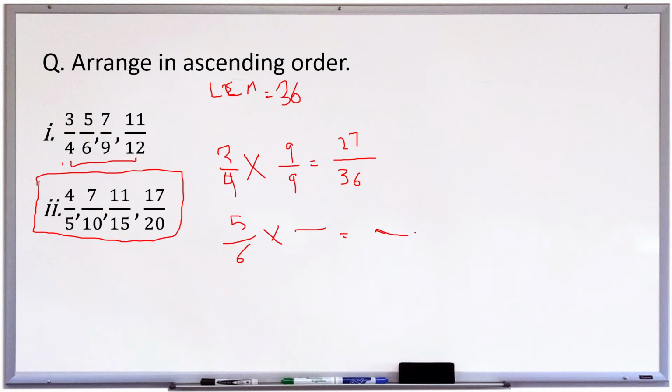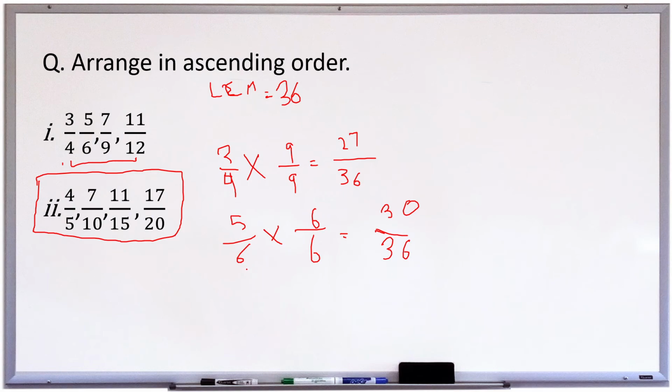I've already explained how to solve these questions, so I'm not going to explain very much. Okay, next part now. 30 upon 36 is also equal to 5 upon 6. If you reduce them, you will get the same.